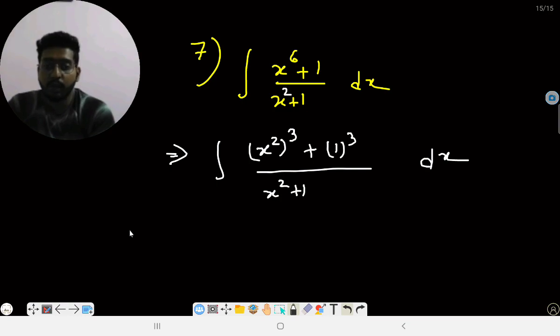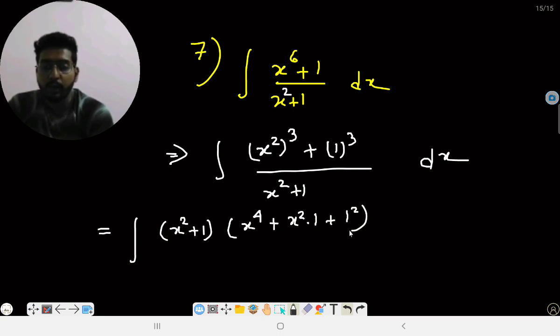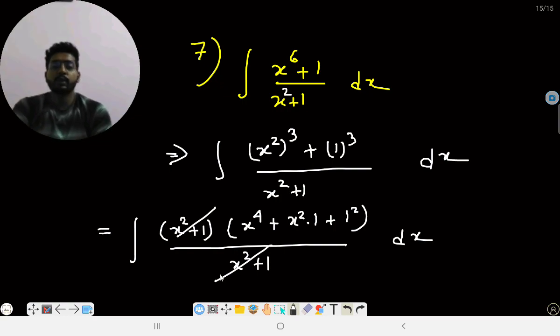Now a cube plus b cube, what is the formula? A plus b into a square minus ab plus b square, that means x to the power 4 minus x square plus 1, divided by x square plus 1 dx. Now x square plus 1 cancels out.